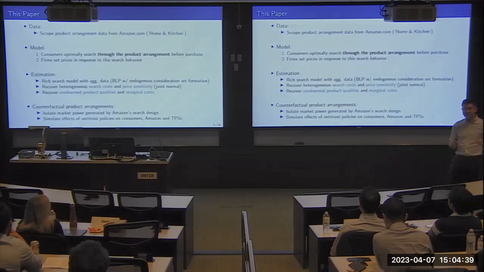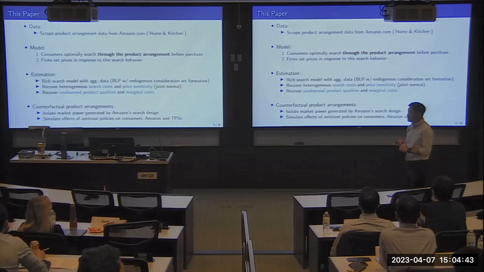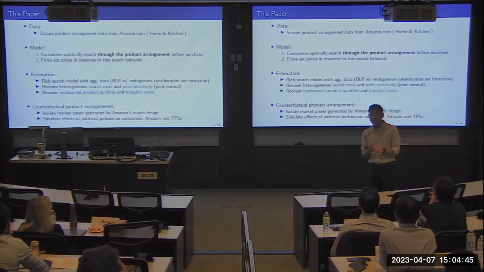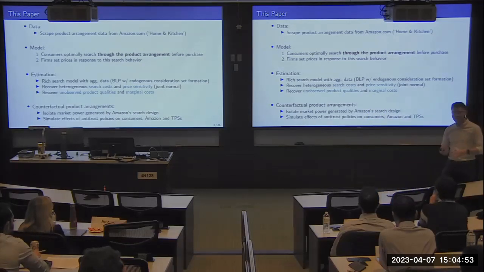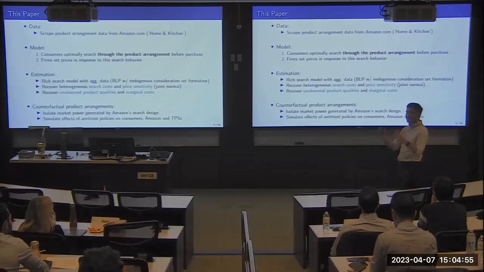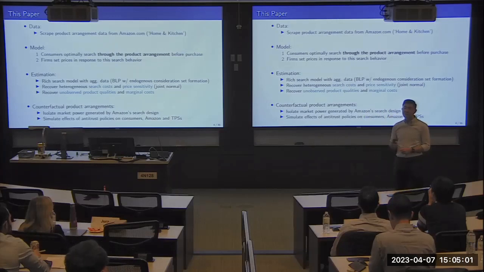Okay, so let me spell out the exercise that this paper is going to do. I'm going to collect some data, scraping product arrangement and product characteristics data from Amazon. I'm going to be focusing on home and kitchen categories of goods. So think a waffle maker might be a market, a set of waffle makers might be a market. I'm going to build a model that has two main components.